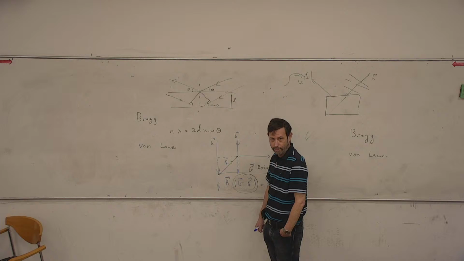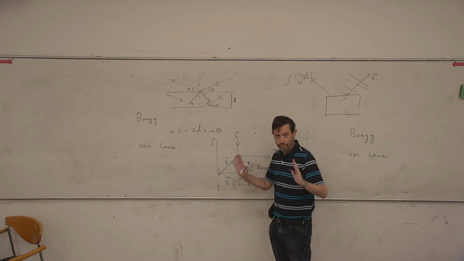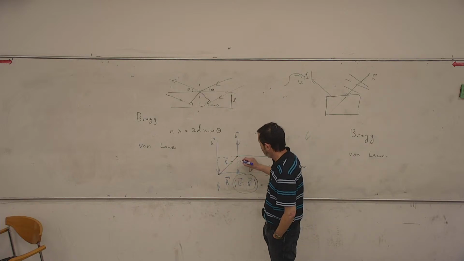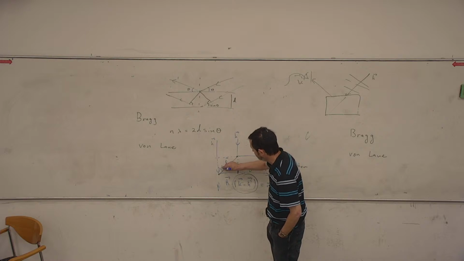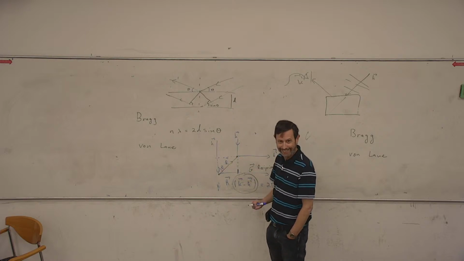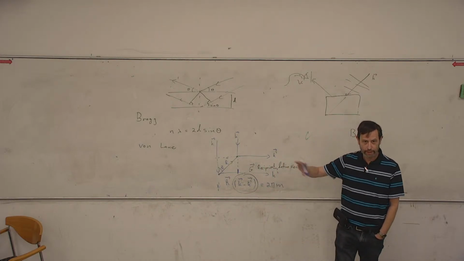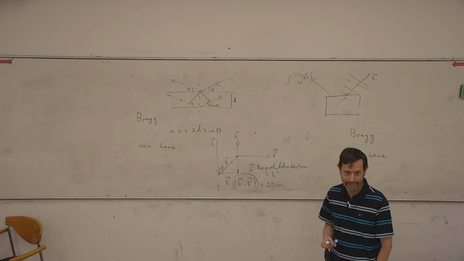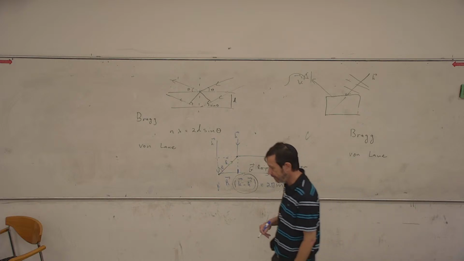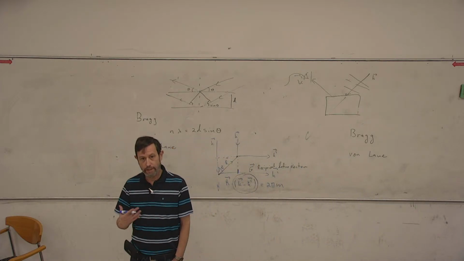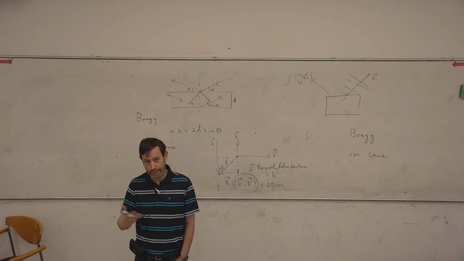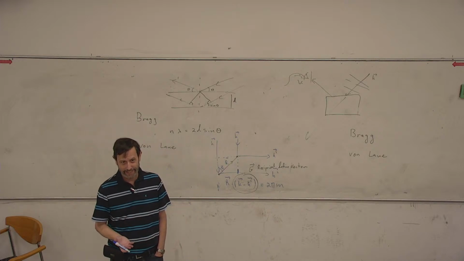If you want to see it, just put a theta here and start calculating the length. Once you have theta, you can write down the scalar product between k and r.